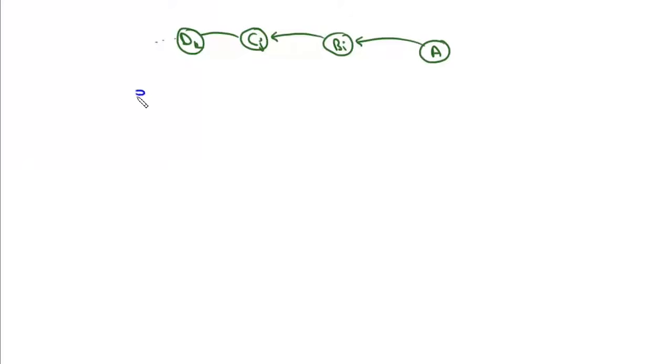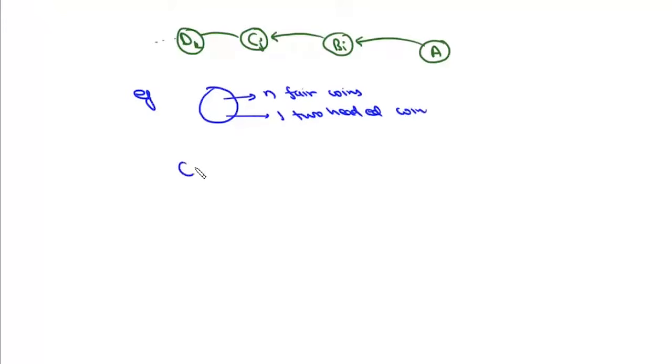Now say for example, we have a bag, and in this bag we have n fair coins and we have one two-headed coin. Now it says a coin is tossed.